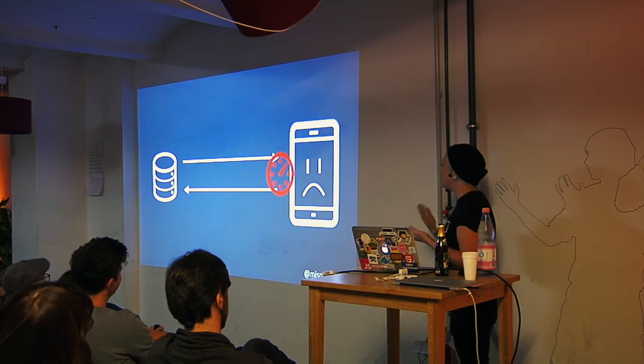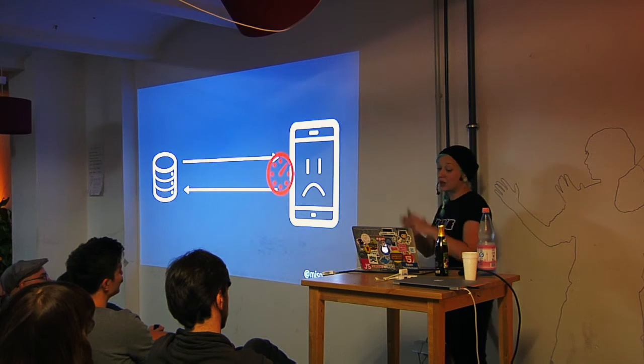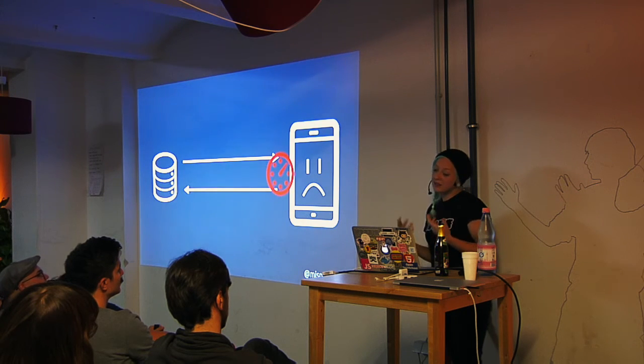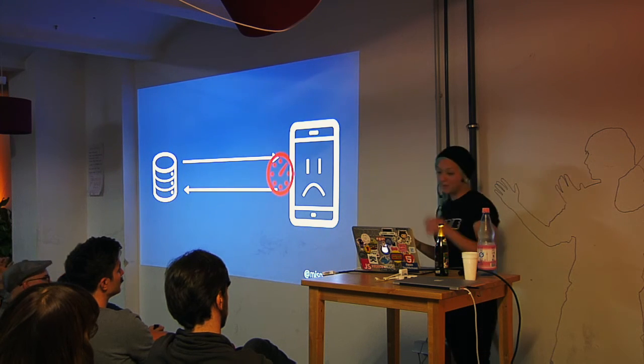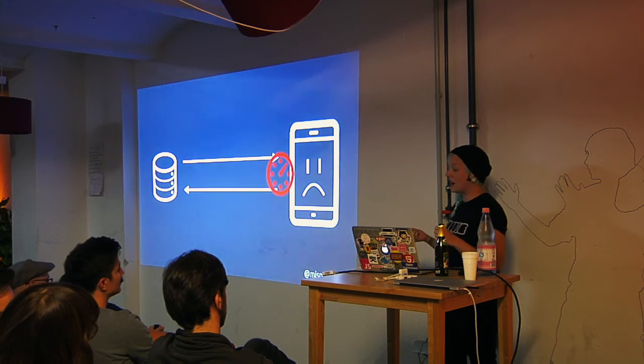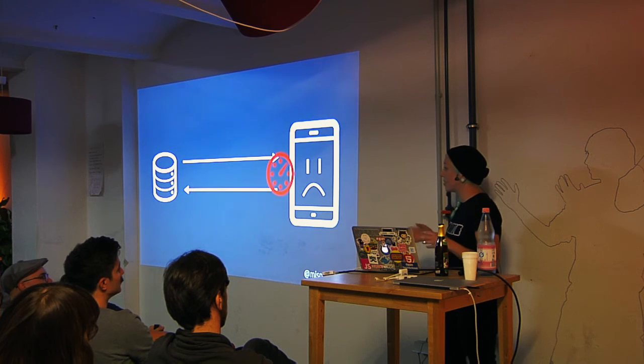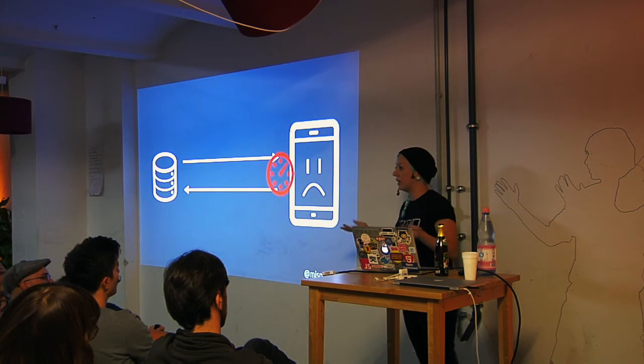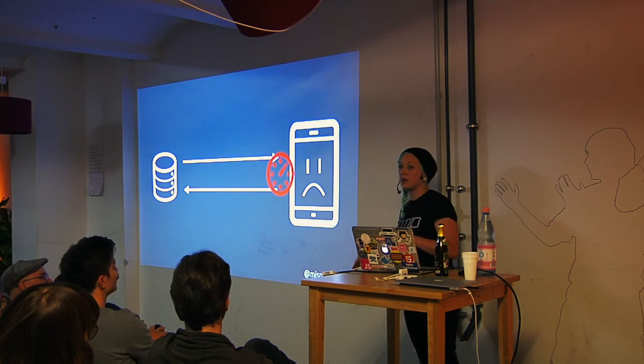The moment you need to add a huge task like pulling a huge pile of data, you might run into a timeout. So what do you think? What is a normal timeout in the browser? Just raise your hand and take a guess. 30 seconds, okay.